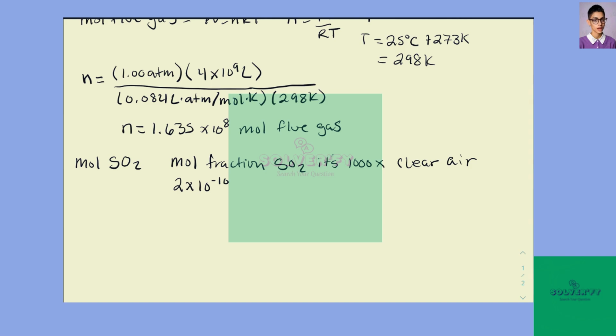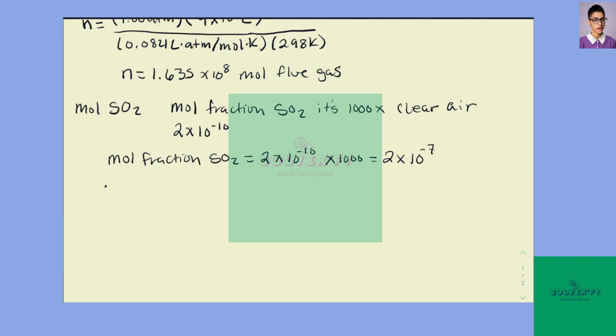So our mole fraction for SO2 is equal to 2 times 10 to the negative 10 times 1,000. So our new mole fraction for SO2 is going to be 2 times 10 to the negative 7.